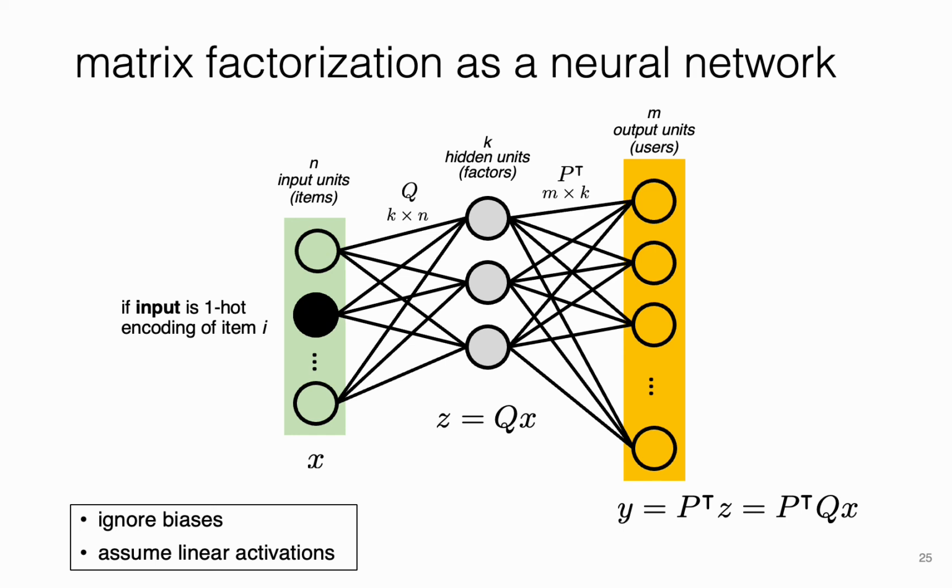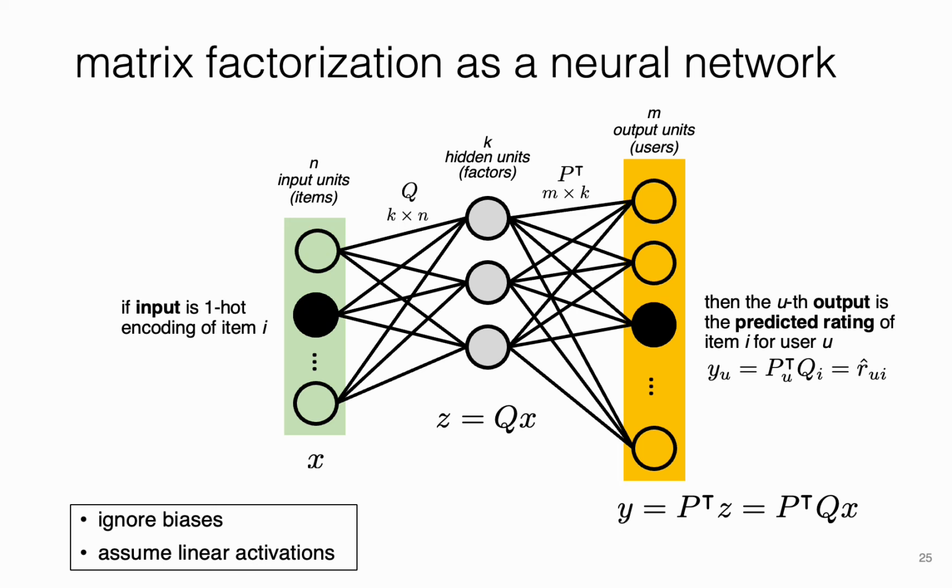If we look at a particular output unit corresponding to user u, we see that the output is the dot product of the ith column of q with the uth column of p. And this is exactly the matrix factorization model. So weight matrix Q contains the embeddings of the items, and weight matrix P the embeddings of the user.